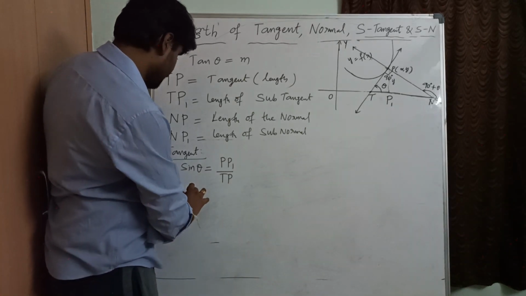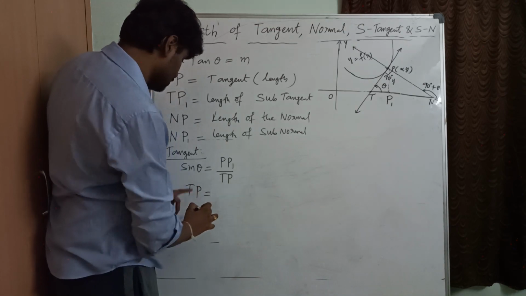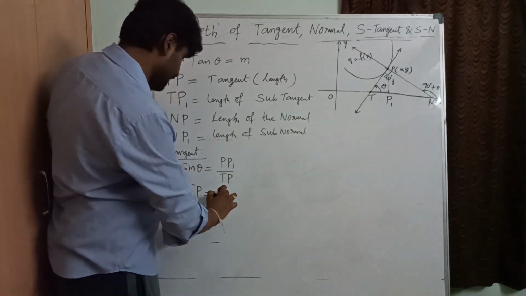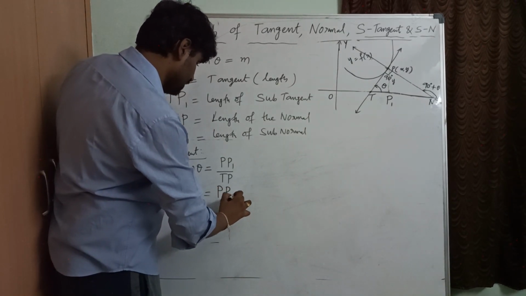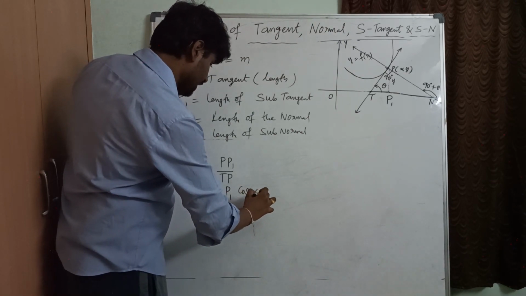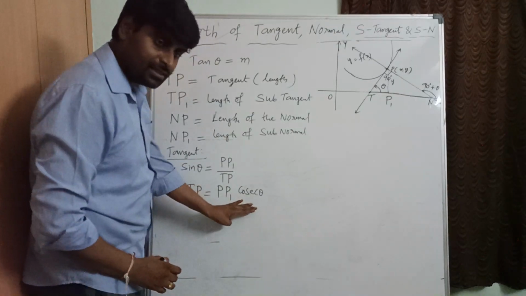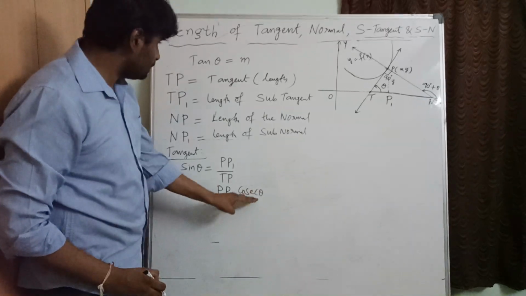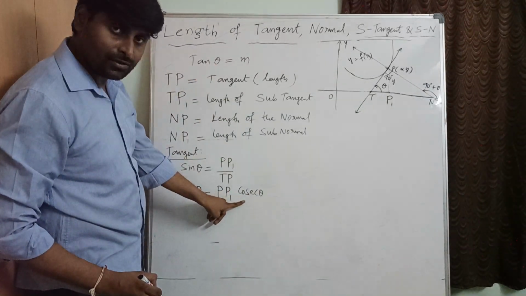So what is TP here? TP equals PP1 cosecant theta, since sine theta comes here. Do we have any relation with tan theta for cosecant? No.